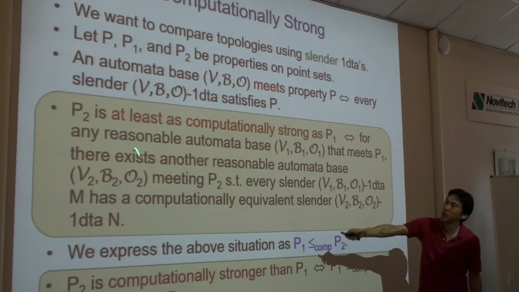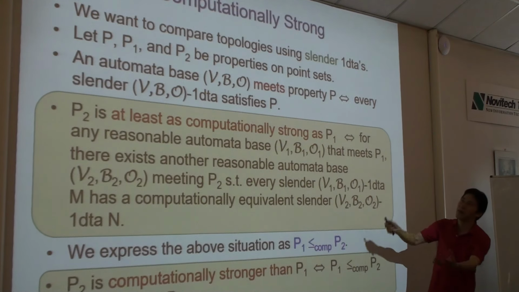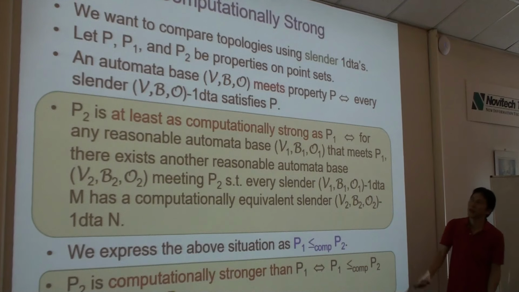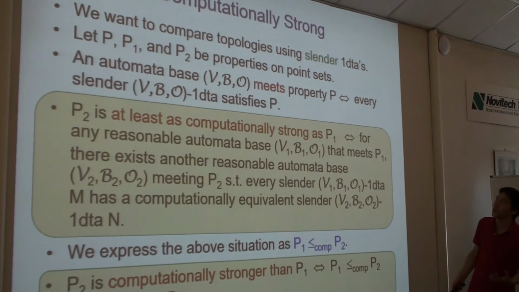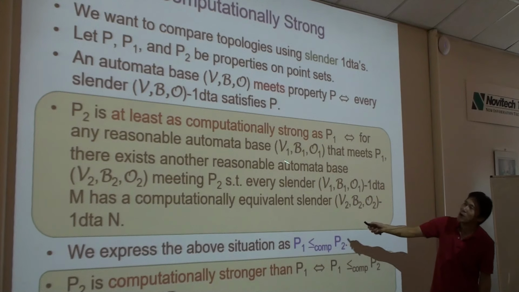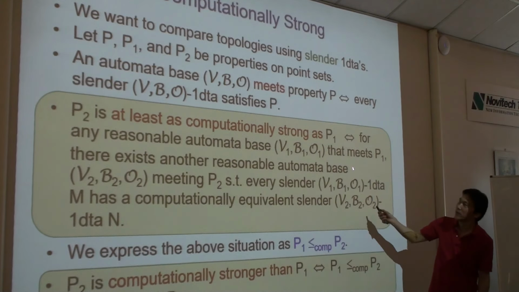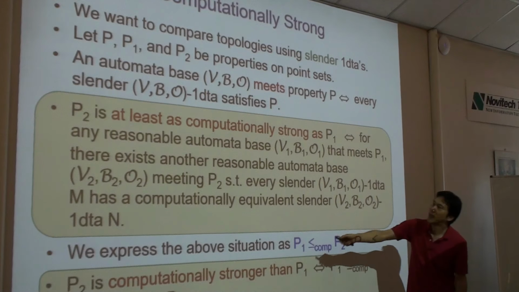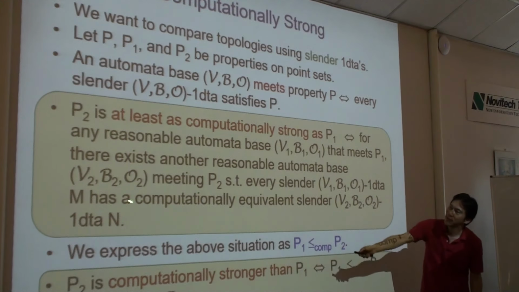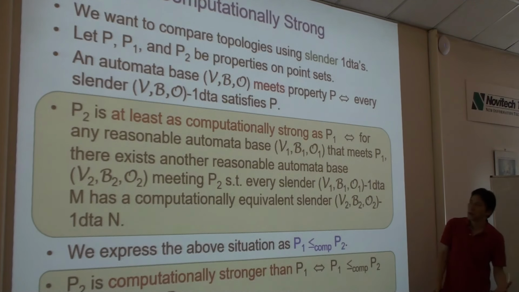Okay. The property P2 is at least as computationally strong as P1. Now we are comparing the properties, right, from the computational aspect. So this means that we consider all possible automata bases that meet P1, and we can find another automata base that meets P2 and satisfies the following condition.